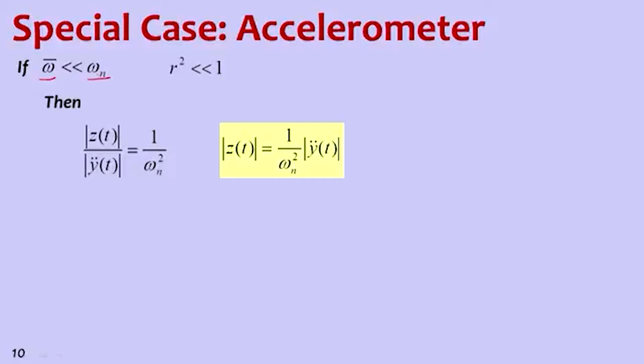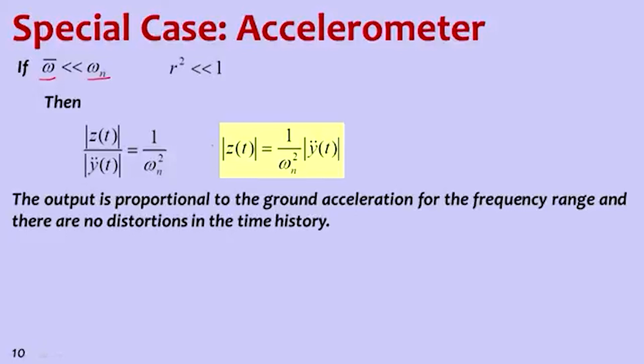If we measure z, that is equivalent to measuring acceleration when you multiply the z value with omega n square. So the output is proportional to ground acceleration. What we are actually measuring with the instrument is the z value only, the relative displacement between the mass and the ground.